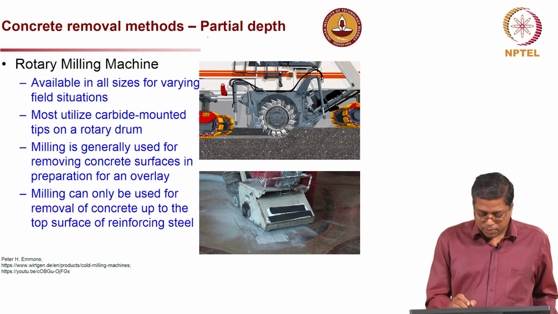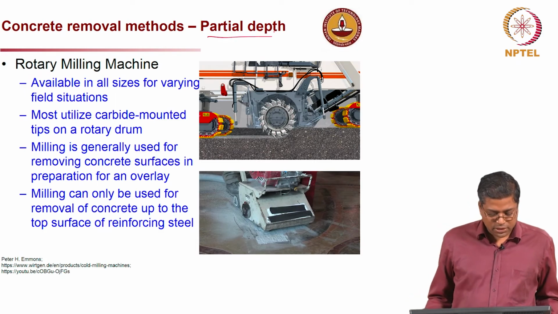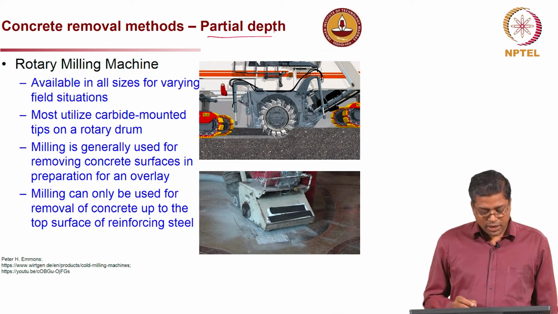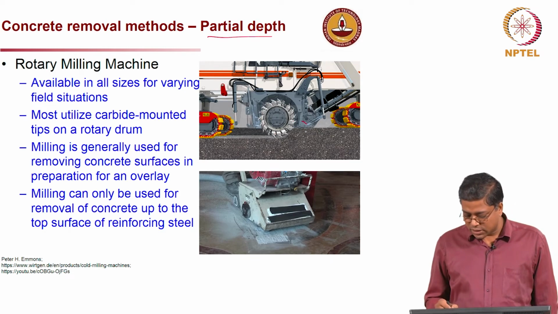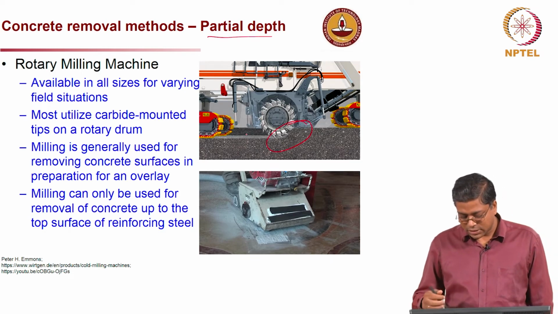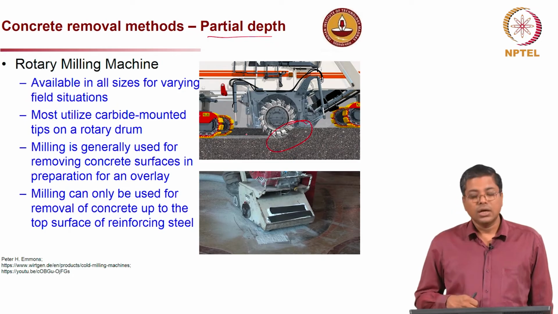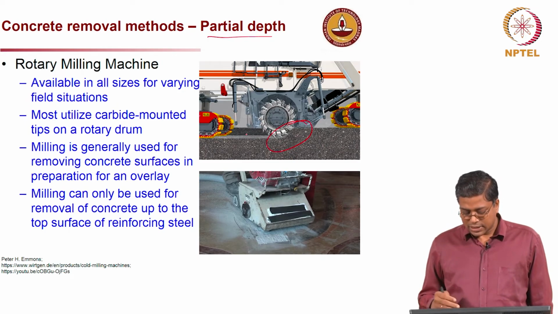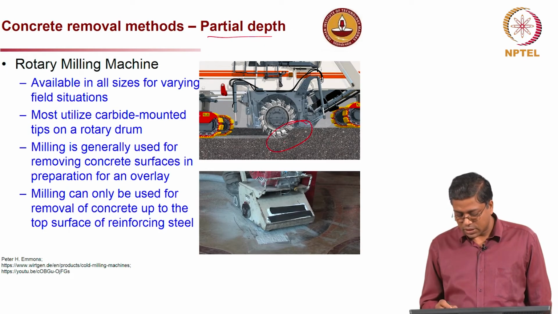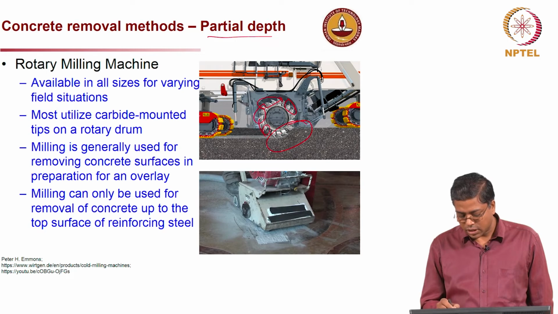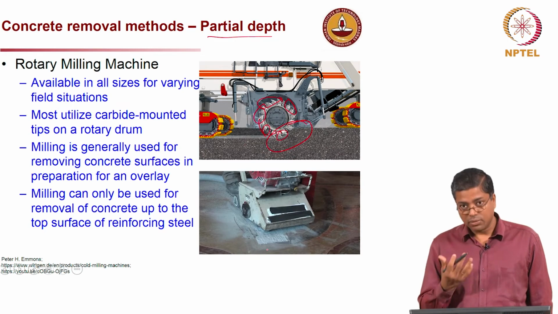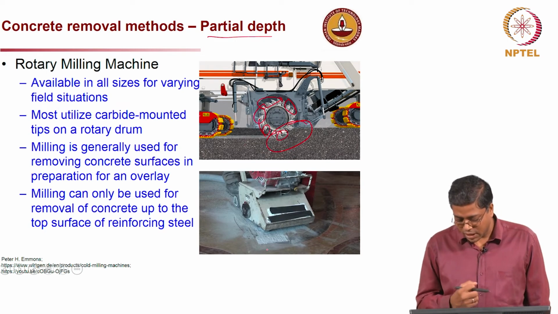Now another tool for partial depth removal is rotary milling machines. Again you can see here, the existing concrete and the surface can be removed with these very nice diamond tip tools, with metal of very high hardness.